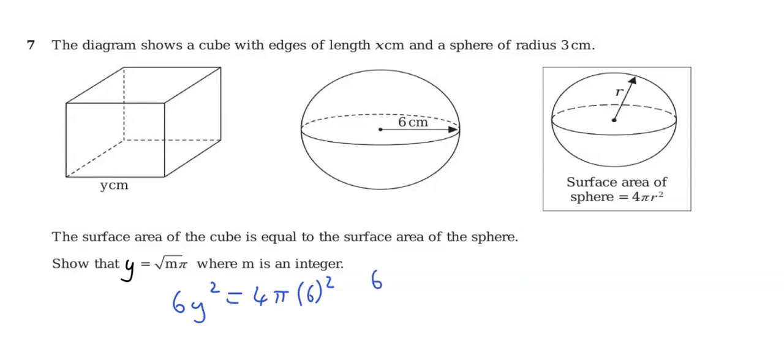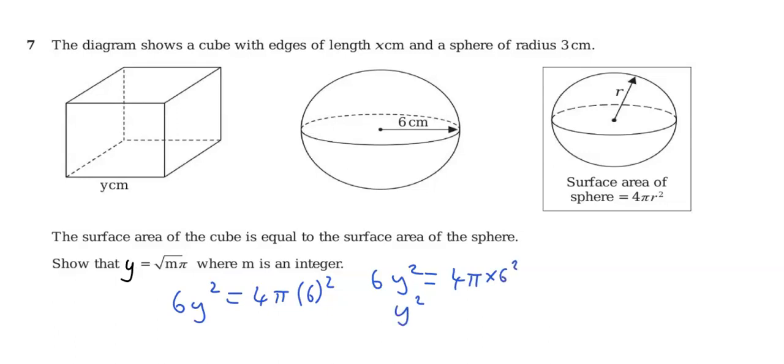So I've got 6y squared is 4 times pi times 6 squared.